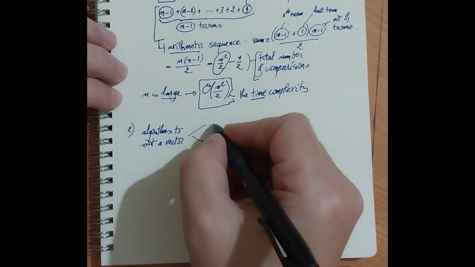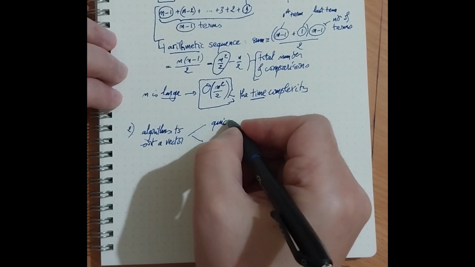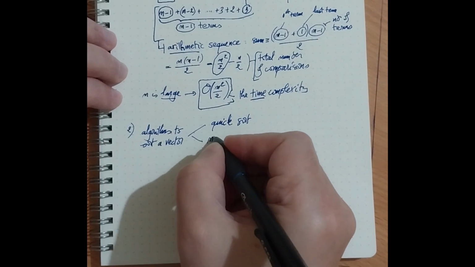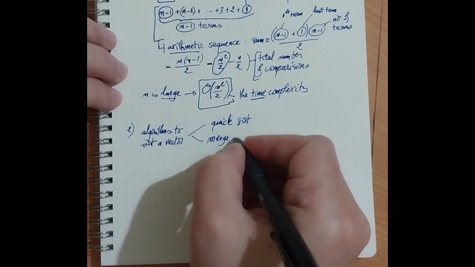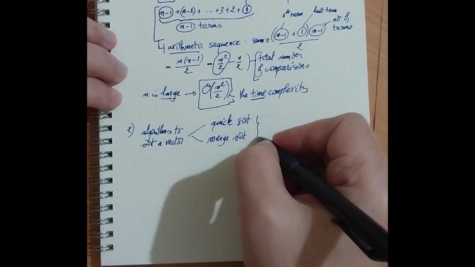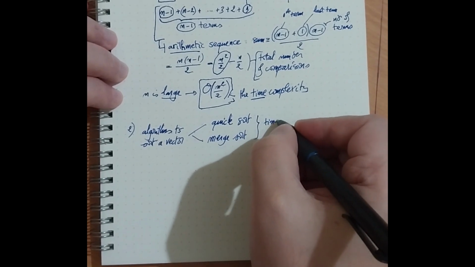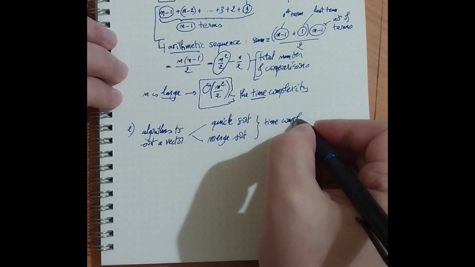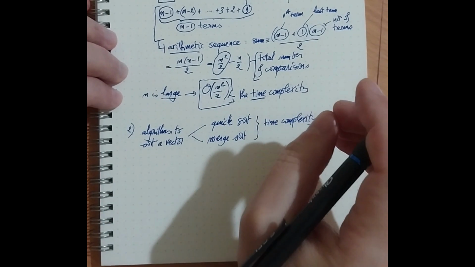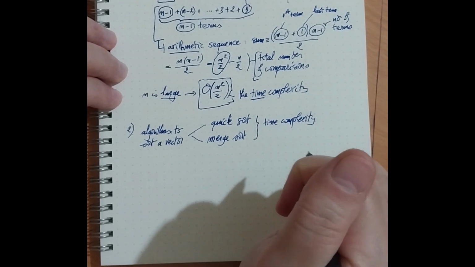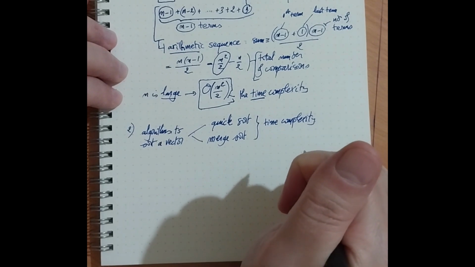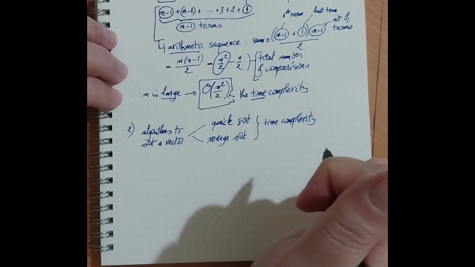The first is called quick sort, and the second is called merge sort. And their time complexity, that is the total number of iterations to perform the algorithm, to sort the vector.